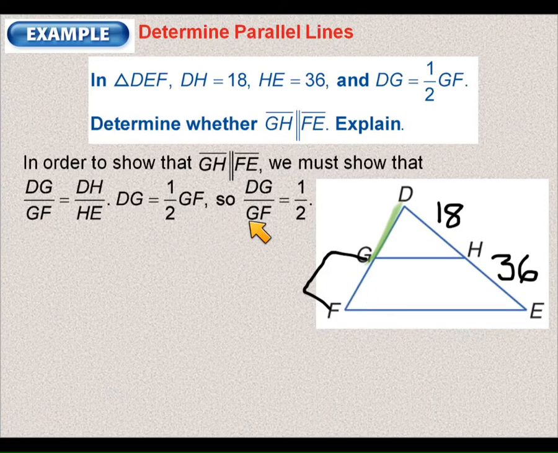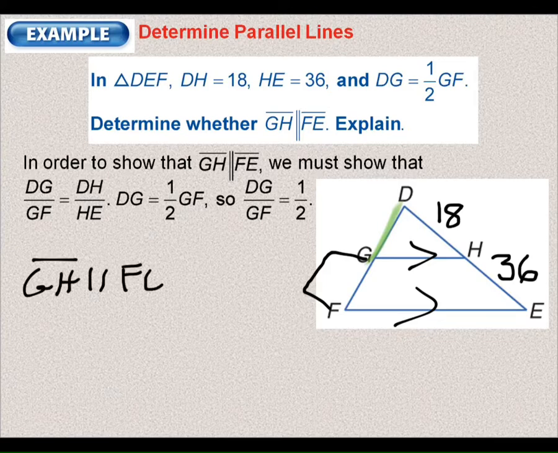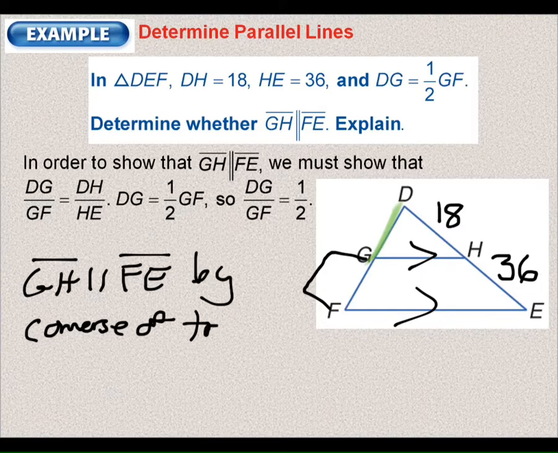So they're both half there. So they're proportional, meaning that these are parallel by the converse. GH is parallel to FE by the converse of the triangle proportionality theorem.